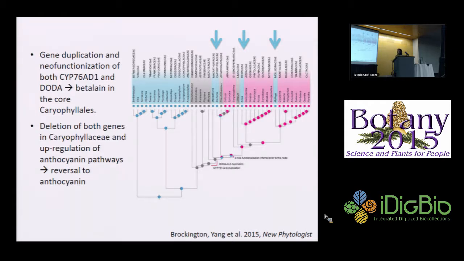We found that at least in the case of Caryophyllales, the switch is through deletion of both of the key enzymes and upregulation of the anthocyanin pathway to reverse to anthocyanin. So this is gene deletion versus regulatory changes to produce this reversal.